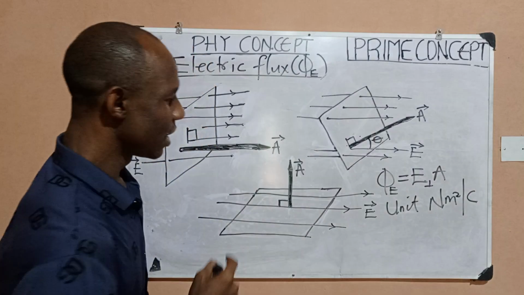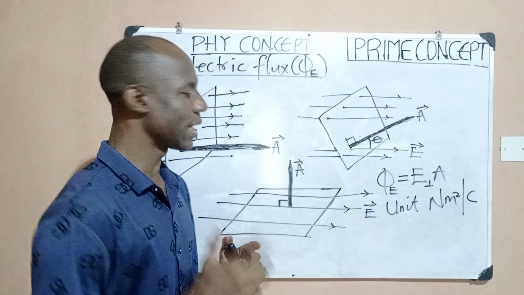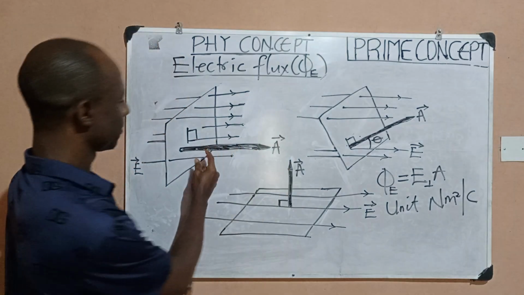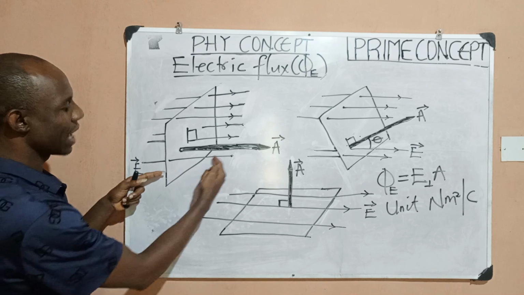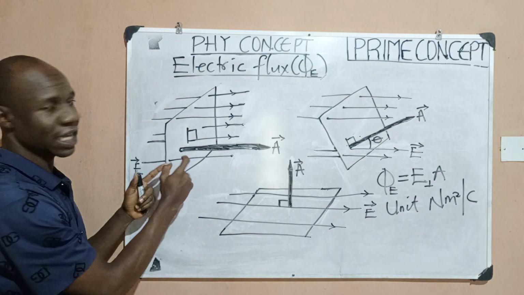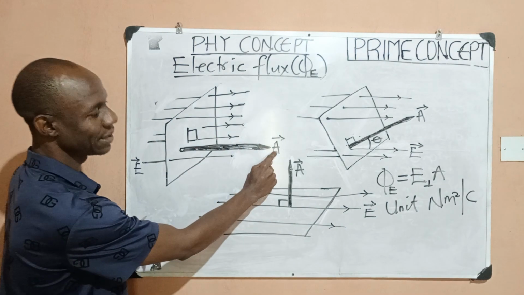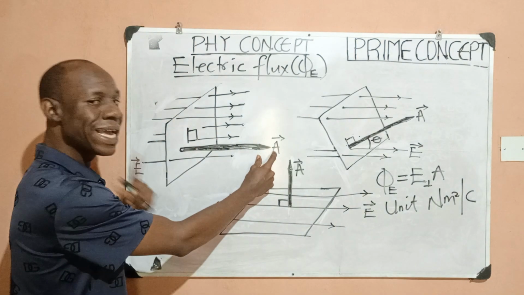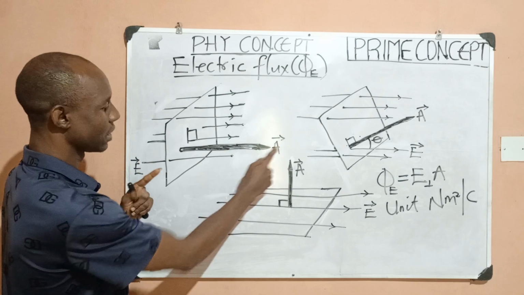Now, if we consider this case, there are two things you should understand. If you look at this first diagram, you would notice that this is my surface. And the direction of my surface, that is to say, where this surface is pointing, is indicated by this, which we call the area vector. So this is the direction of my surface.